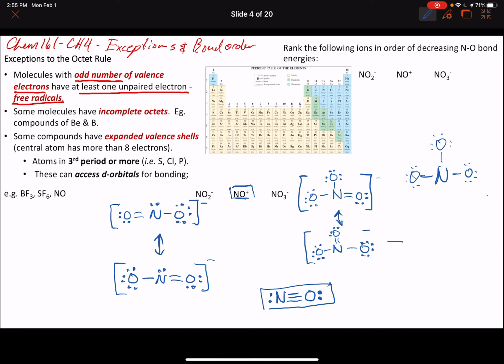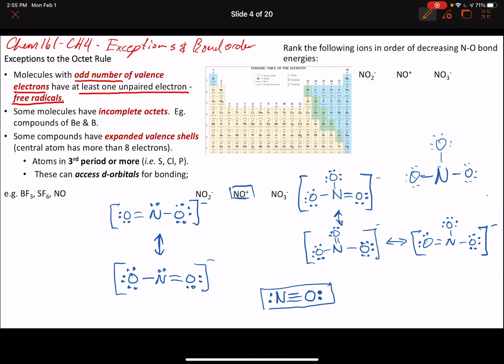And the last option would be a double bond to the right position and single bonds to the remaining oxygens. Okay, minus charges on each of those 3 resonance structures for the nitrate.